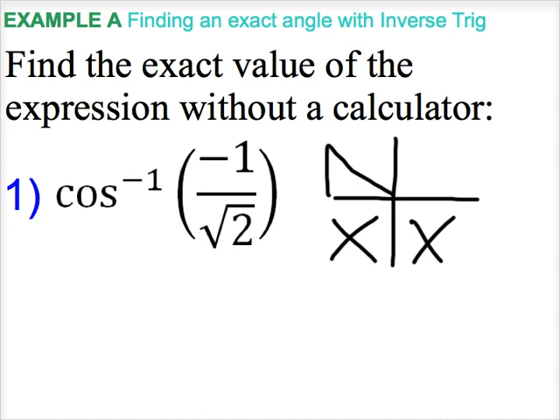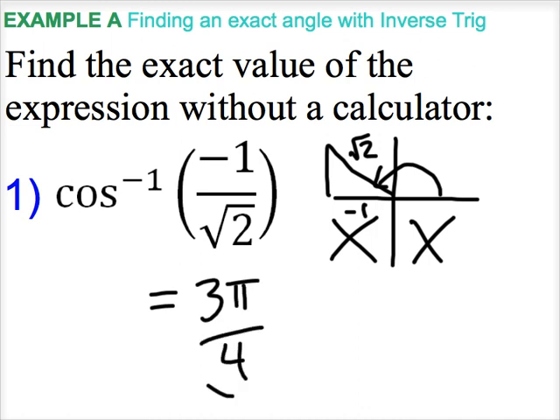Not my best drawing, but I'm going to run with it here. Negative 1 over root 2, I remind myself that's the ratio that I'm dealing with here, and I know from my unit circle knowledge that is equal to 3 pi over 4, and guess what? That is my final answer, just like that. Alright, I hope you're following along. I hope I didn't go too quickly there.